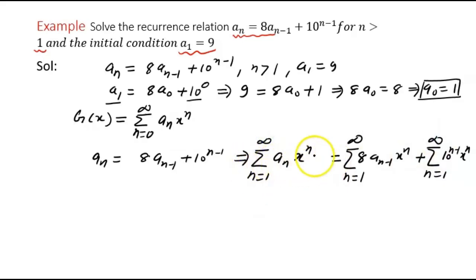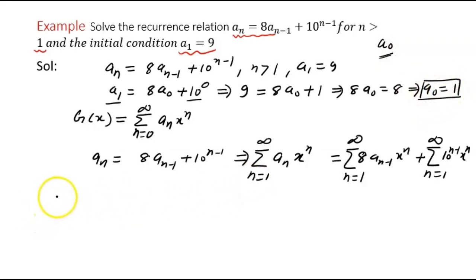This is an important point, because when taking the summation we have to be clear over what values of n it should run, since our count starts from a0, which is equal to 1 here.